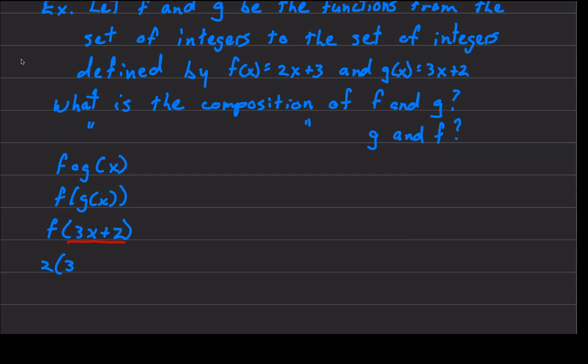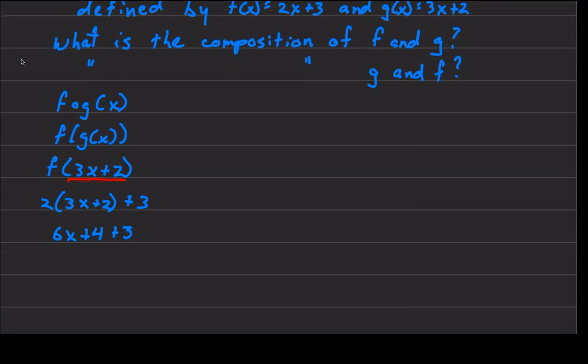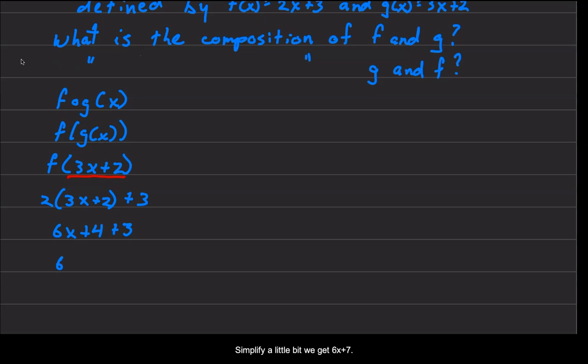So we have 2 times the quantity 3x plus 2, plus 3. And then we'll simply multiply through. So we get 6x plus 4 plus 3. Simplify that a little bit, we get 6x plus 7.